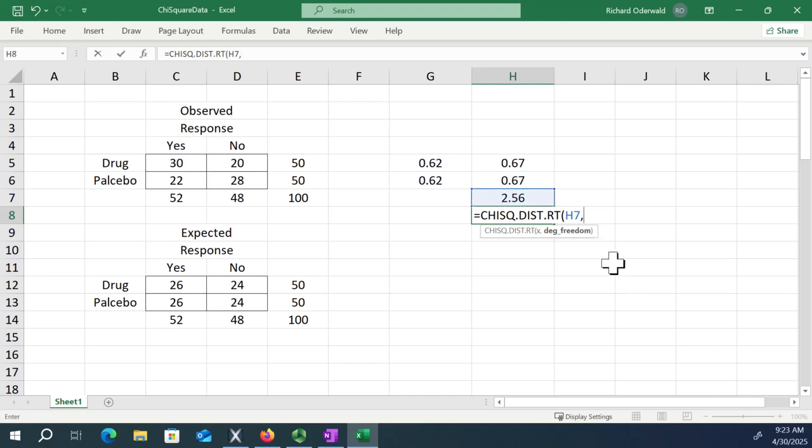And the degrees of freedom is the number of rows minus 1 times the number of columns minus 1. There's 2 rows, 2 columns. 2 minus 1 is 1, 2 minus 1 is 1. Multiply 1 and 1, you get 1. And this gives a probability, a tail probability, a p-value of 0.11, basically.